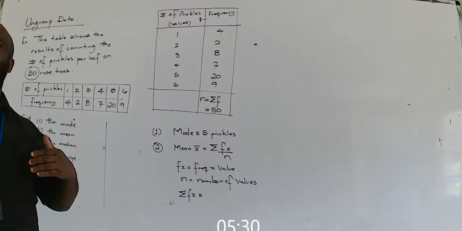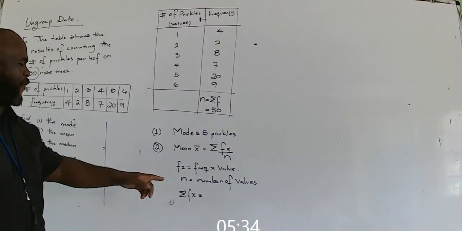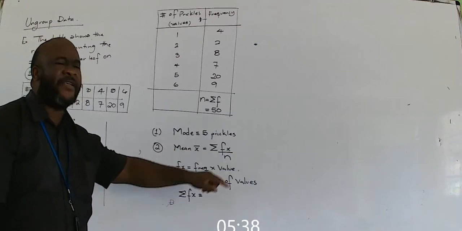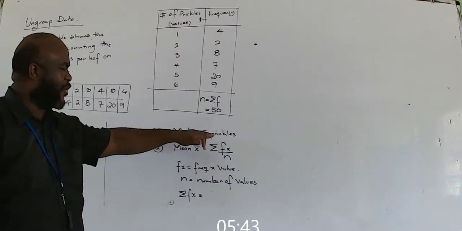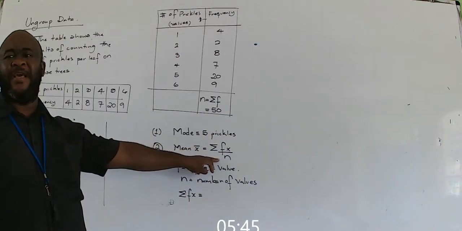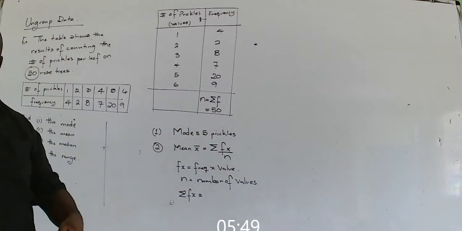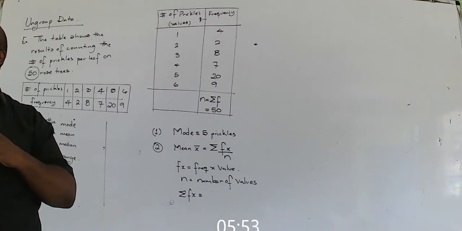Average is the sum of all values divided by the number of values. So what does the sum of fx mean? I know it means frequency times value, but the sum of fx is equal to what?